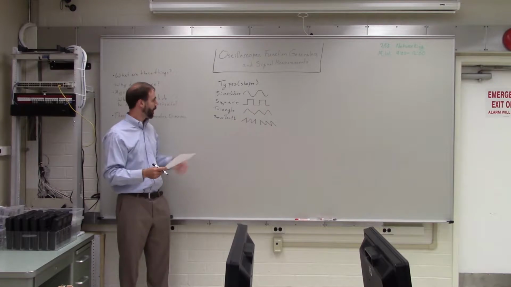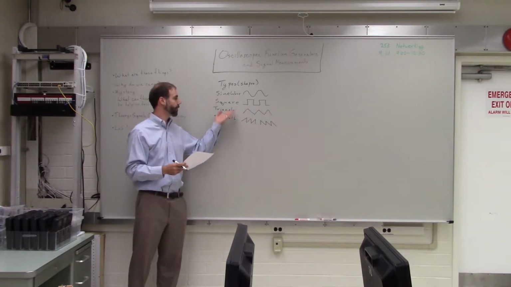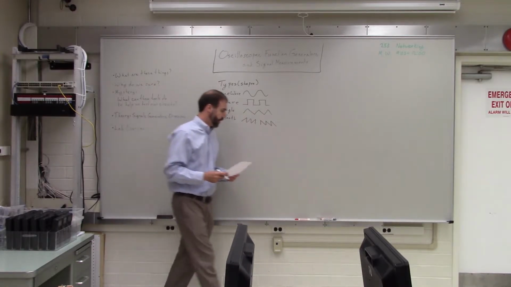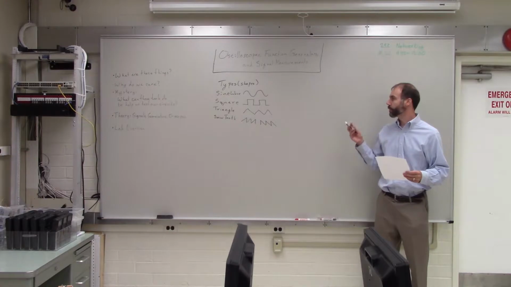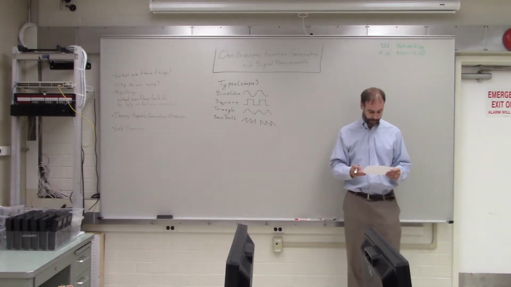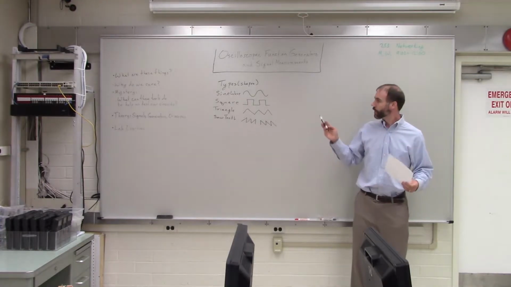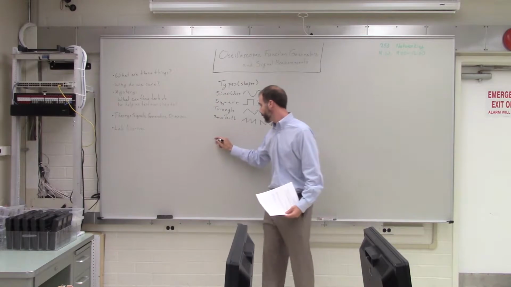So these are a couple of the shapes of the waves. These are the most common. There are other patterns, but these are the most common ones. Okay. So there are also properties of waves.